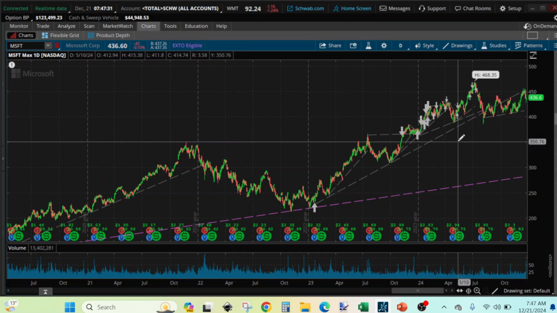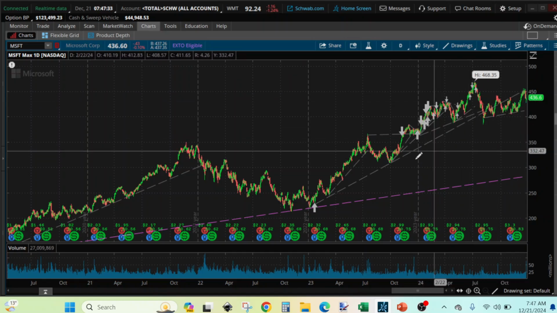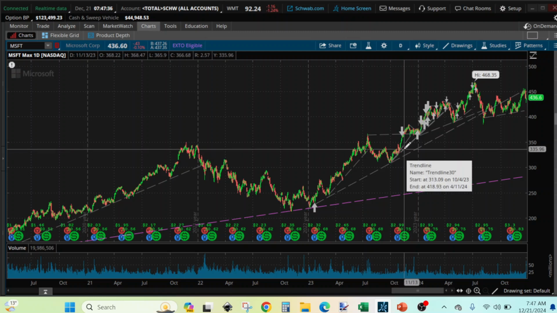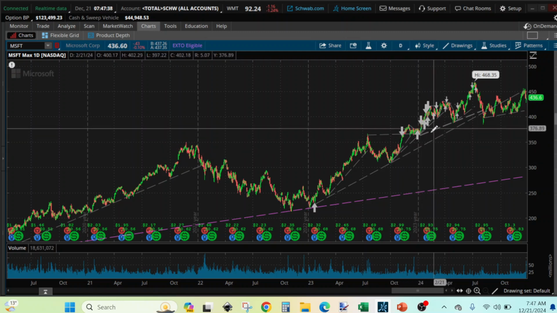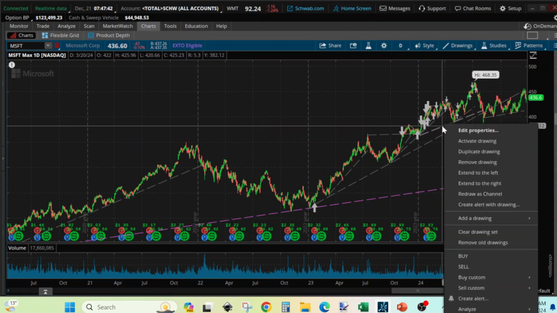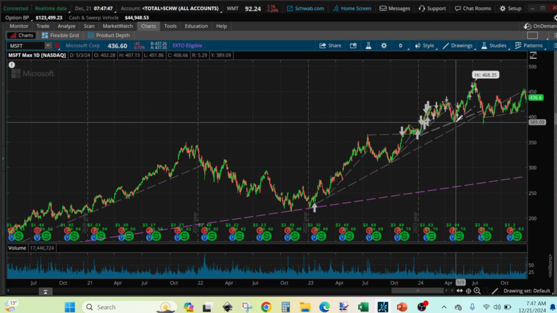So I'm not sure what it's doing. Is it following? Let's see this. No, not really, because I have it here. So it's more like a consolidation going on.